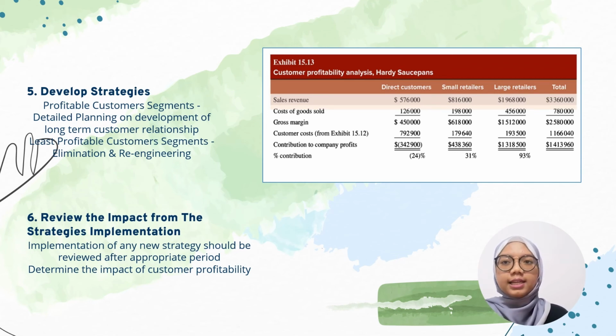So after a period of time, Hardy Saucepan needs to conduct a review on the strategy that they have implemented on the customer and identify whether it provides a good impact in increasing the profitability of its customer.